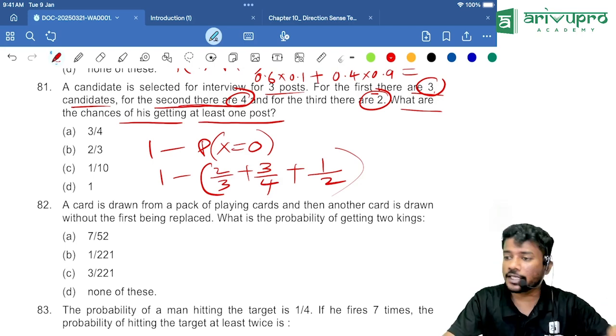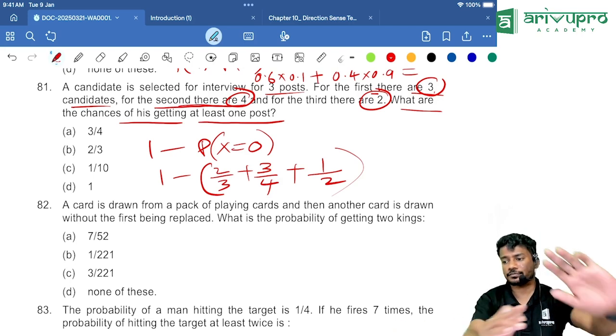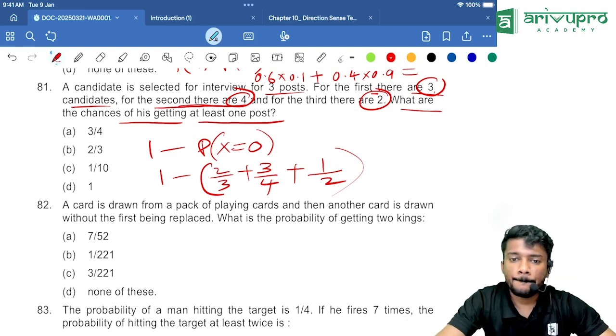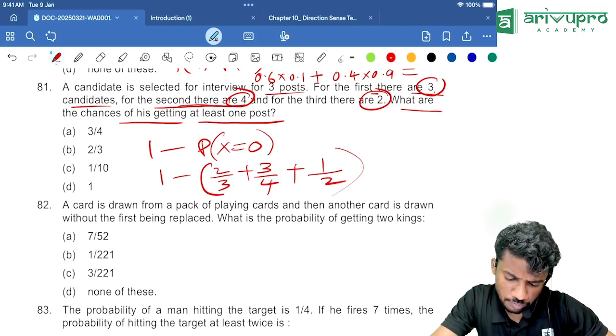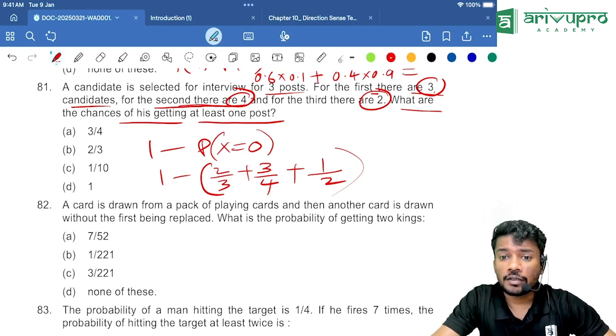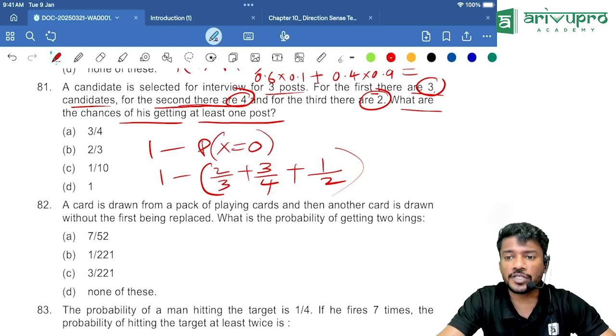Finally click MRC. Tell me, what is the answer? Minus 0.9? 0.91? Yes, 0.91. So which is the correct option, A or B?